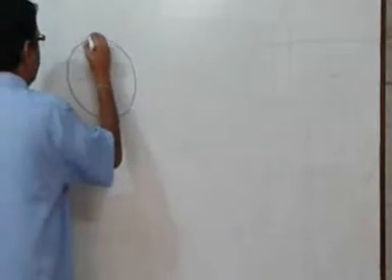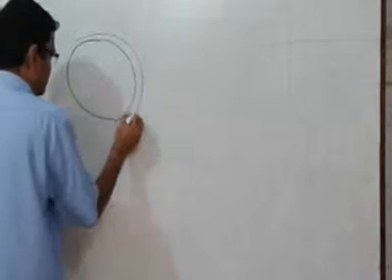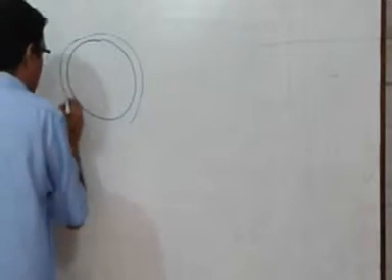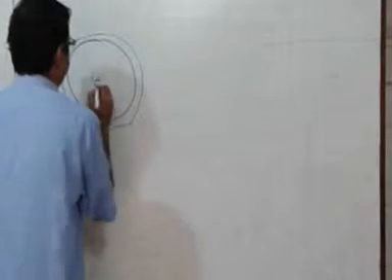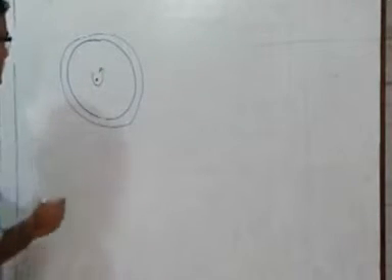I am going to make a differential ring. I am taking a small element here. This is the center point about which the cylinder is rotating.